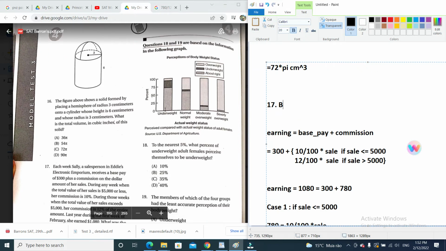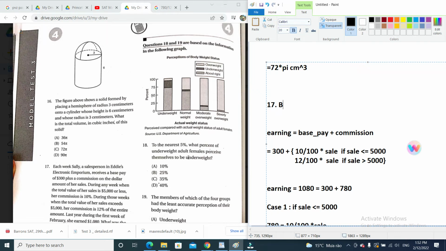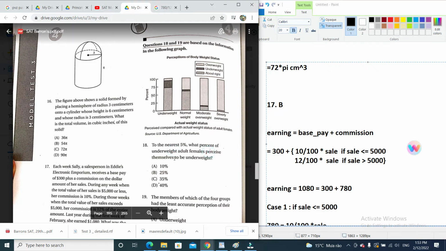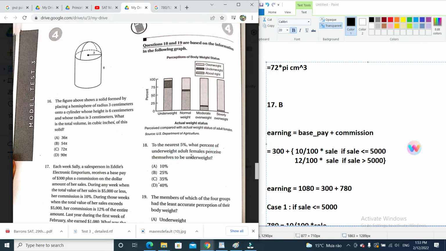So number 18, to the nearest 5%: what percent of underweight adult females perceive themselves to be underweight? Okay, so we have to look at the underweight column. How many of them perceive themselves to be underweight?